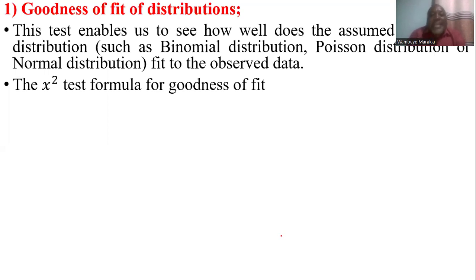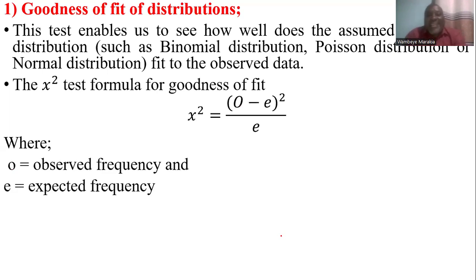So in this case, the chi-square test, which is x squared, equals the numerator, with O representing observed frequencies and E representing expected frequencies. The difference between them is squared, all over the expected frequencies.